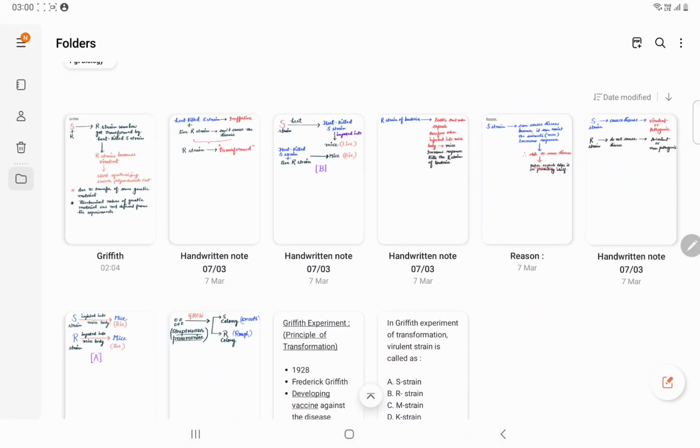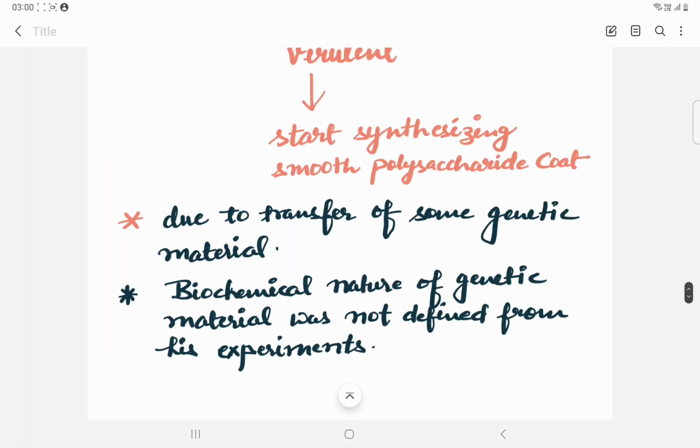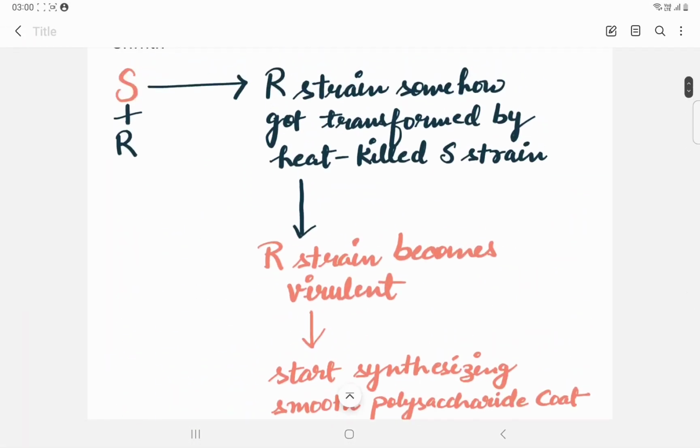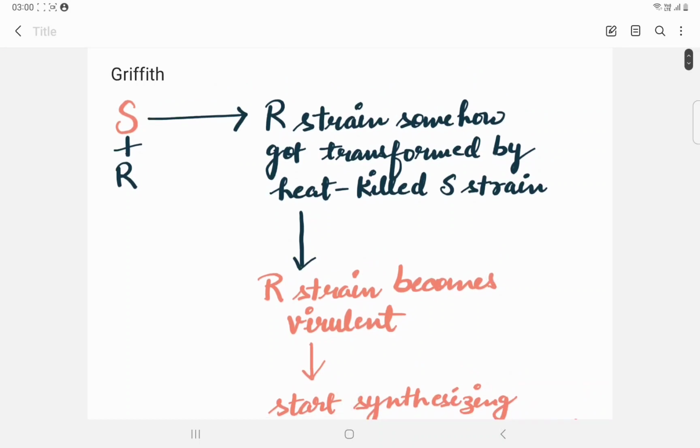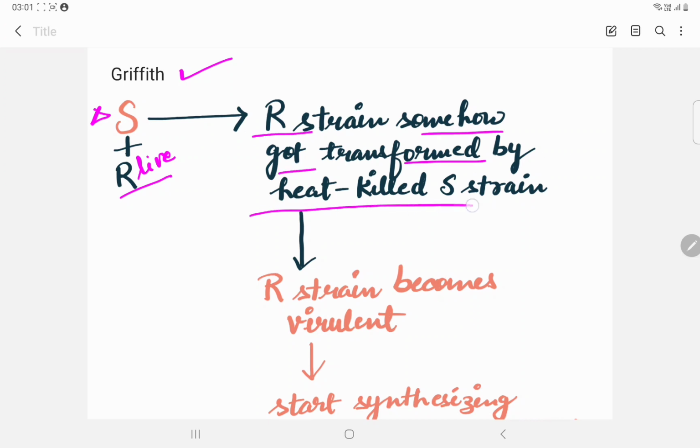Now let's conclude a few more things here. Griffith, in the same experiment, explained that his conclusion was that when heat killed S strain is mixed with live R strain of bacteria, R strain somehow got transformed by the heat killed S strain.